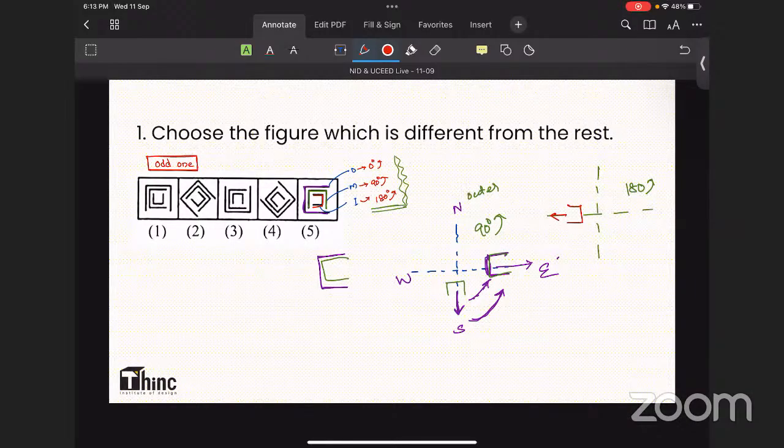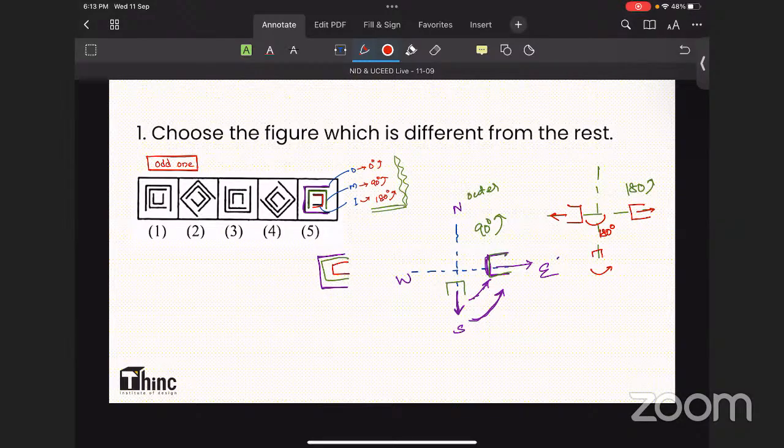So 180 degree anti-clockwise: after 90 degree, it will be opened in this way. After 180, it will be opening in this direction. See, all have been opened in the same direction.